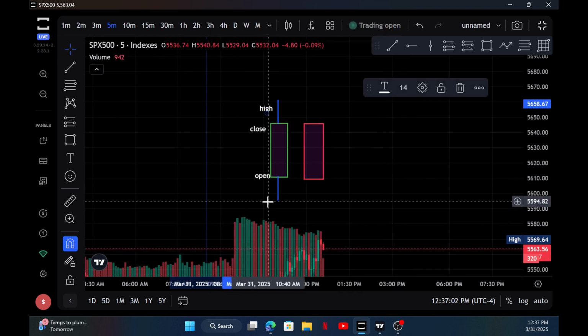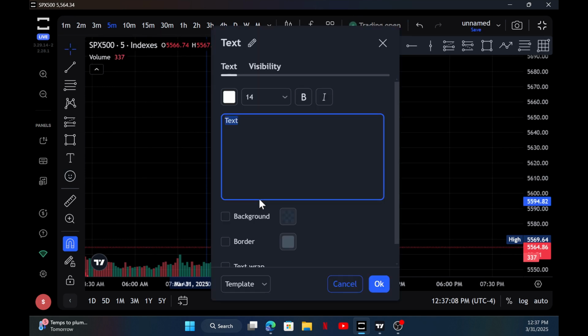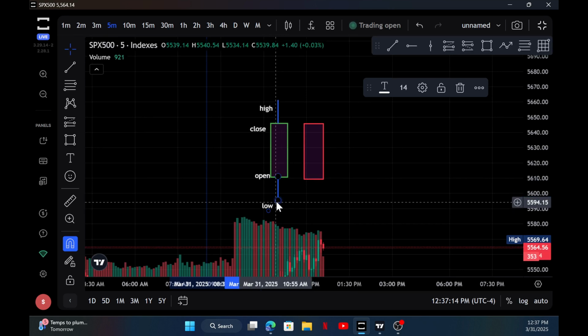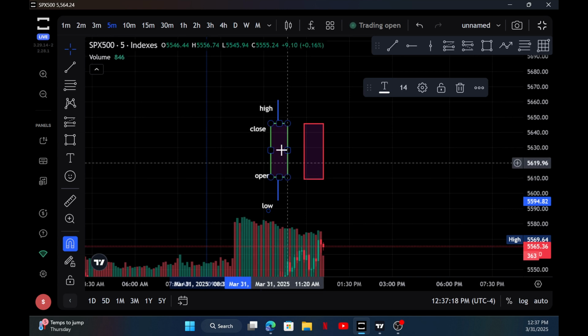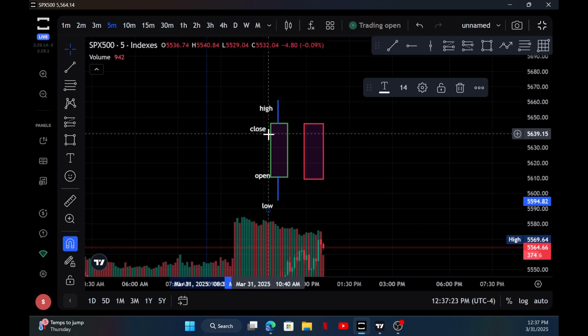And then at one point, price pushed down here and made this low. When price pushed down and made that low, since it was below the open, it would have been red here. So this is when it was a red candle. Buyers came back in, pushed it up. It was at a high of here at one point, and then it closed.